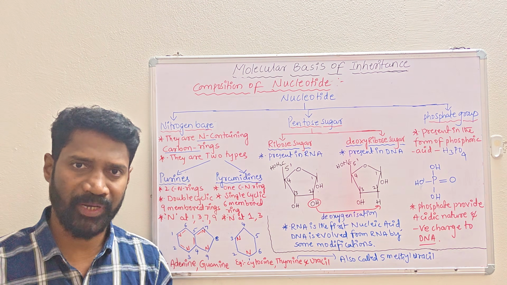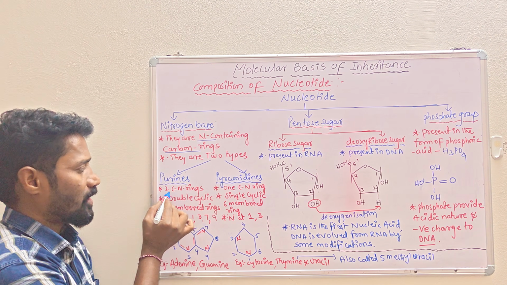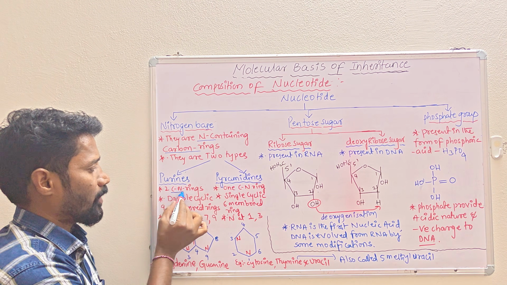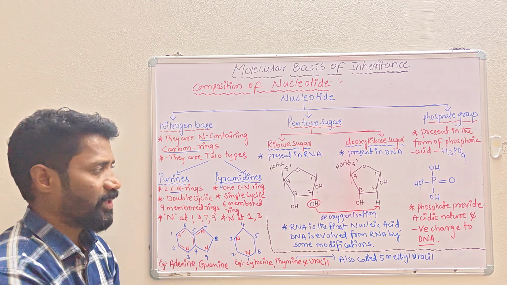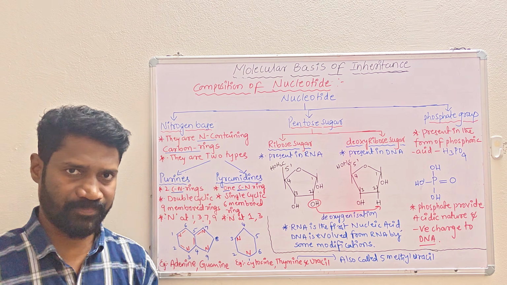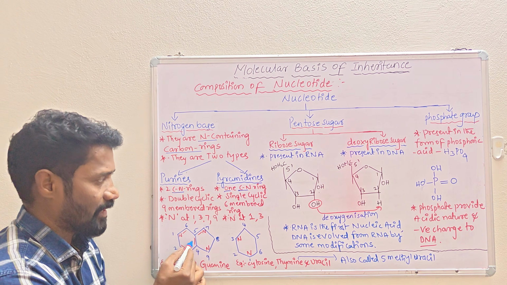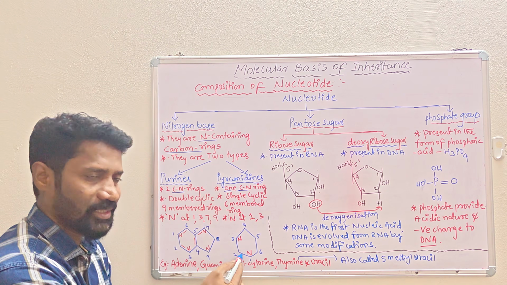What about purines? Purines have two carbon nitrogen rings, but pyrimidines have only one carbon nitrogen ring. That means purines are double cyclic, pyrimidines are single cyclic.